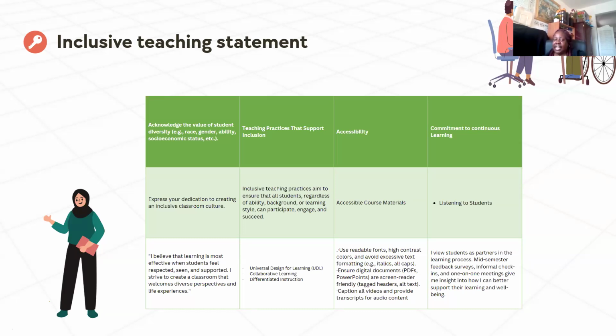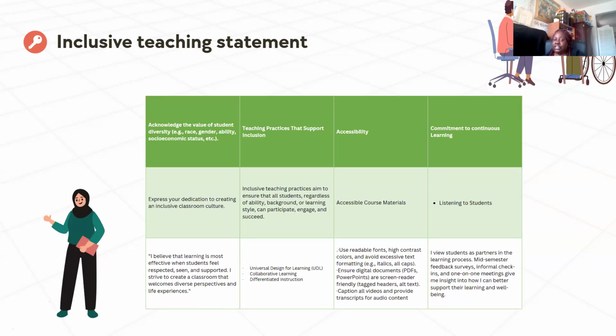Accessibility, we have that. The course materials use readable fonts. We never get enough of saying that. High contrast colors, avoid excessive text formatting. For example, no italics, just avoid it as much as you can. We know we have to have them there, but as much as you can, avoid it.